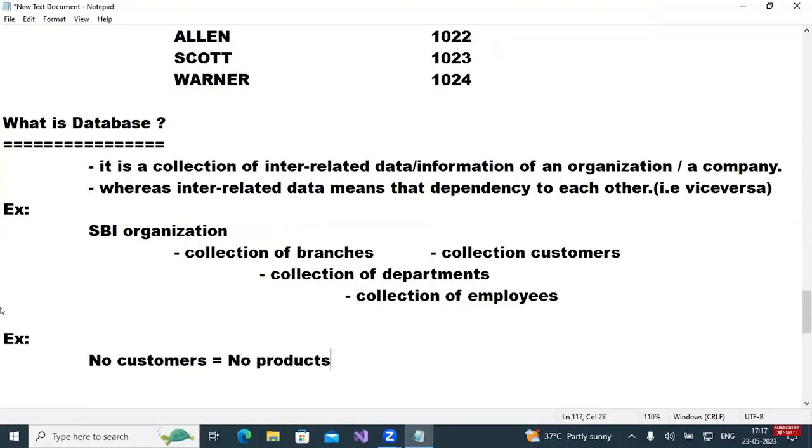Is it right or wrong? Correct? Same as, if there are no departments, then there are no employees, and vice versa. No employee, no department. No department, no employee. No products, no customer. No customer, no products. So this is called vice versa. Okay?